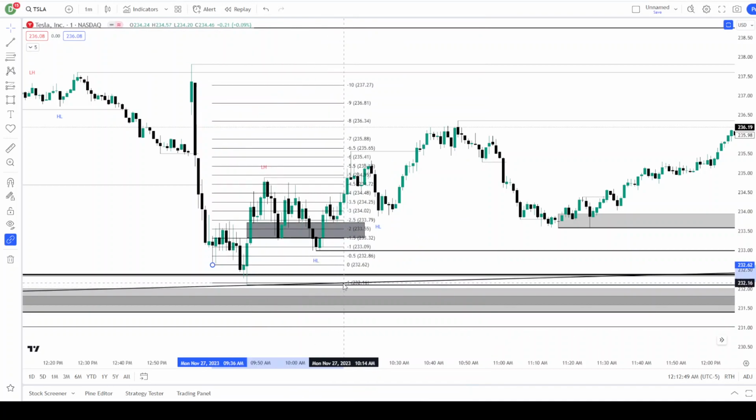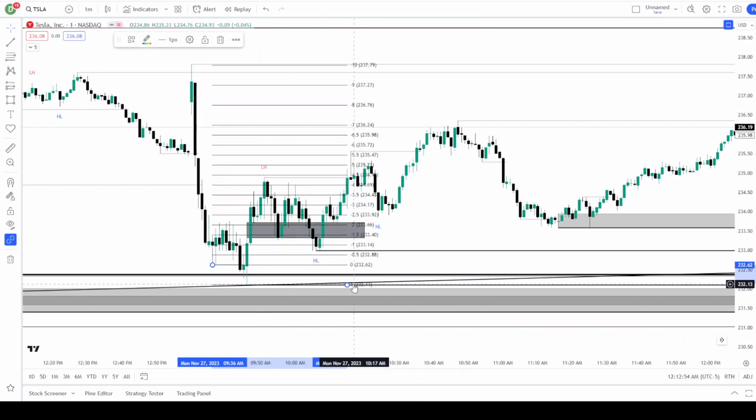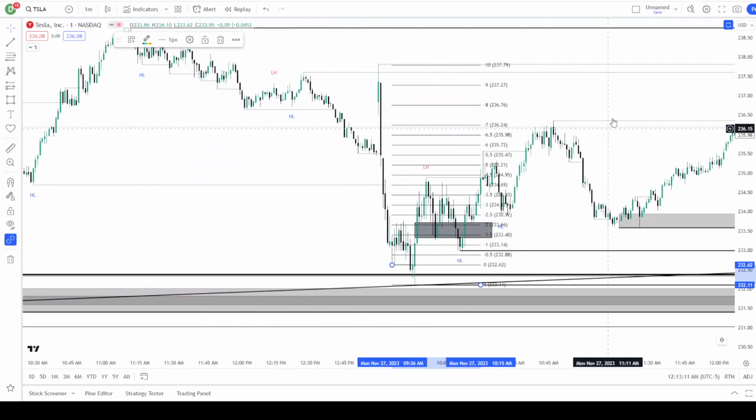So you can see on our chart that when we traded back up and took this high, we were at 4.5. Okay, we hit 5 standard deviations, and then on that run, we hit all the way to 7 standard deviations. So you're looking to close the trade between 5 and 10 standard deviations. And you can see 10 brings us all the way back up to the top.